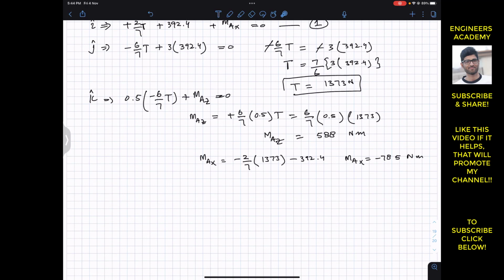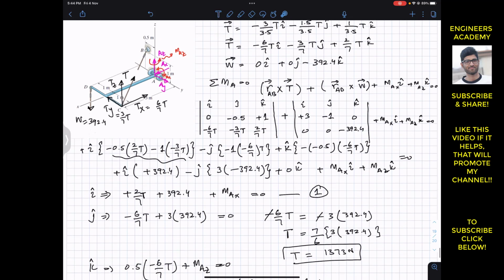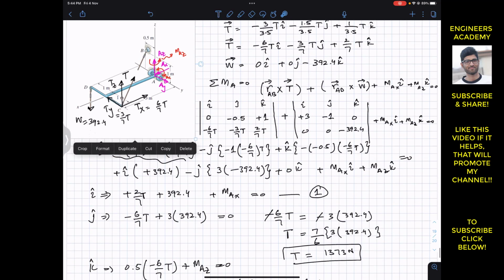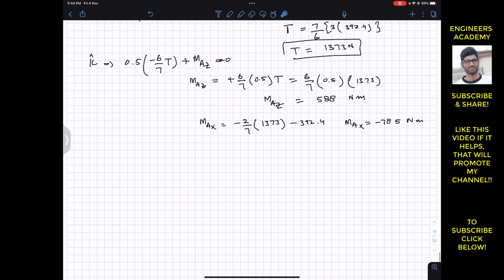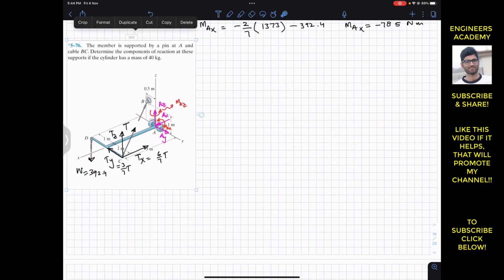Similarly, to find ax, ay, and az, now we need to add up all the x, y, and z components. So let me copy this. If we add up all the forces along the x-axis, that will be equal to 0, since this member is in equilibrium.